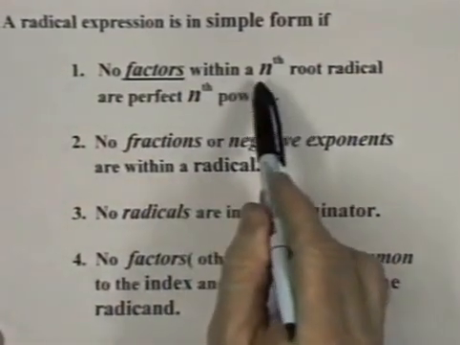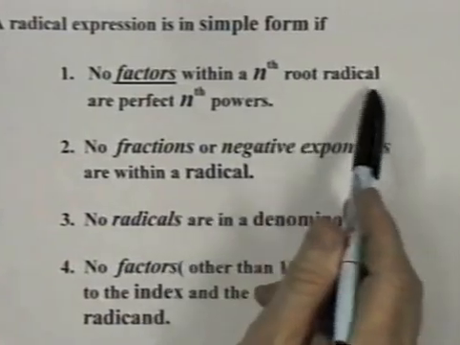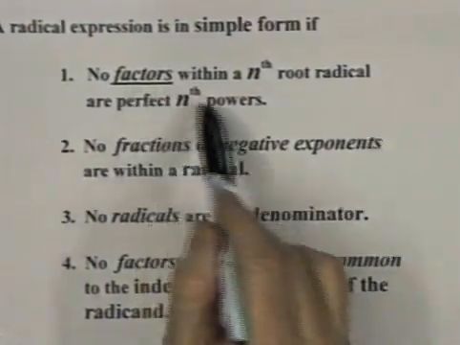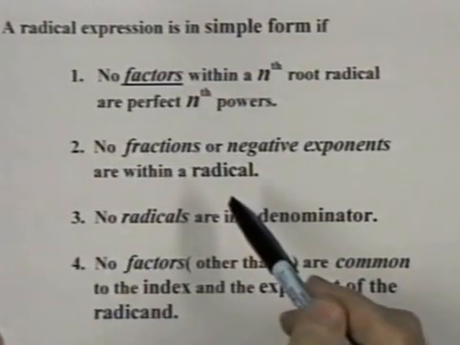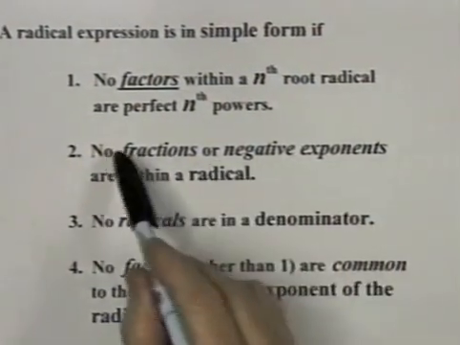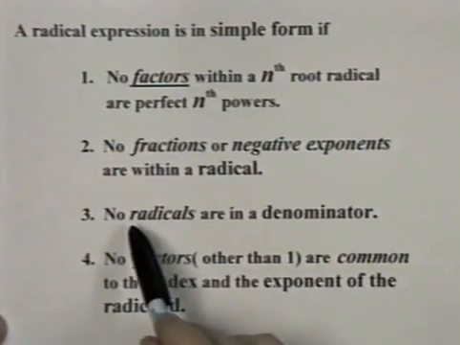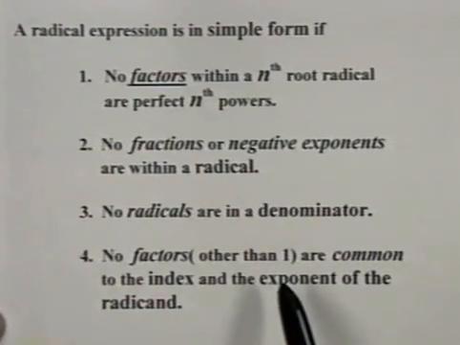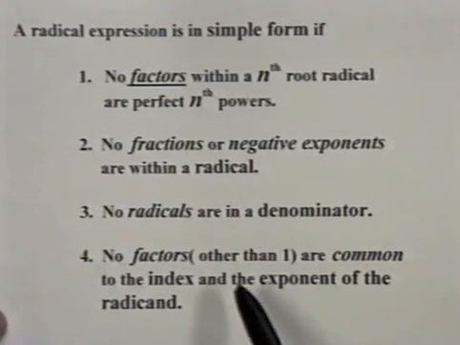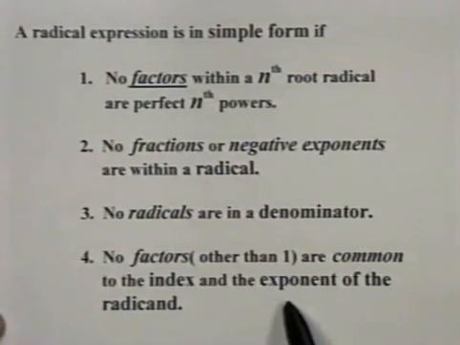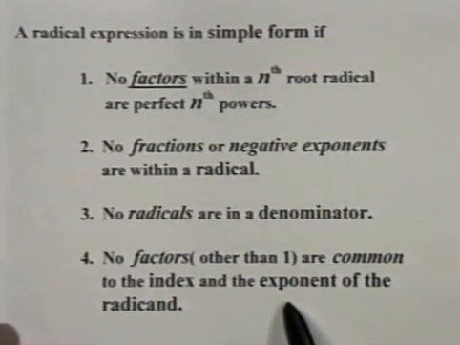No factors within the nth root radical are perfect nth powers, so no nth power factors. We don't want that in our nth roots. 2. No fractions or negative exponents within a radical. 3. No radicals are in the denominator. And 4. No factors are common to the index and the exponent of the radicand.